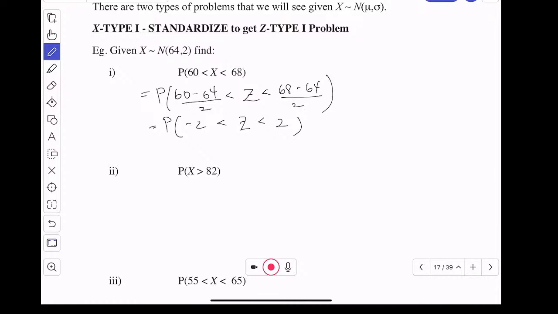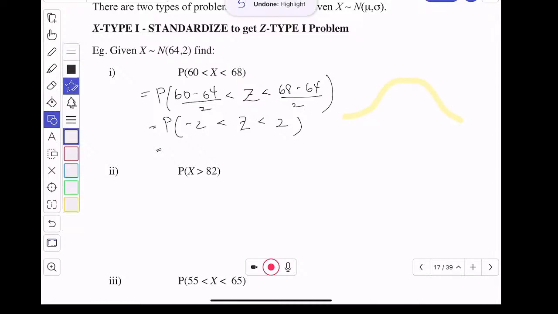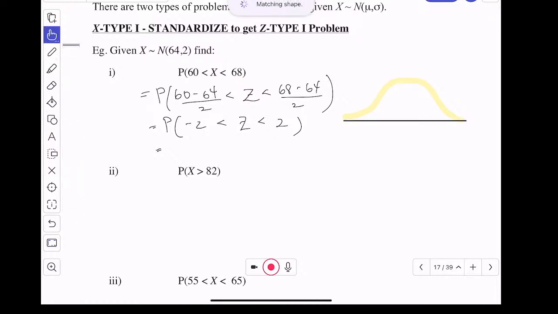We know the answer to this, but this question just reduces to 2 standard deviations from the mean, and we know that it's roughly 95%. But to proceed with solving it, now what I'm going to draw from now on are the z's.